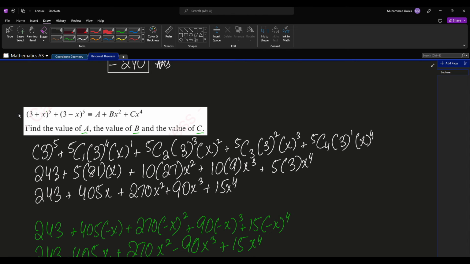So what I could have done is directly find only 5c0, 5c2, and 5c4, because here 0 is r, which means there will be no x. In 5c2, r is 2, so this will give me x square, and in 5c4 the power of x will be 4 as r is 4.